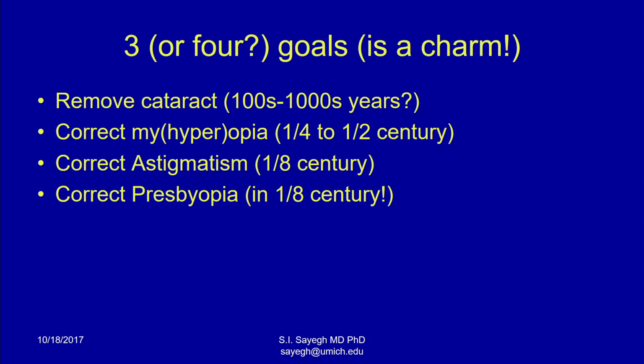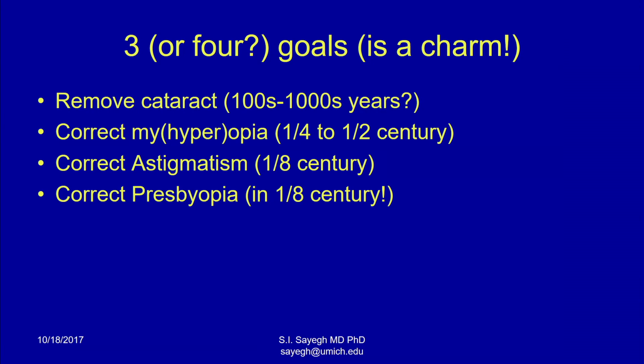And to do it well, maybe a quarter of a century. Correcting astigmatism is more like an eighth of a century, maybe a dozen years or so, that we can have some device to correct for that.